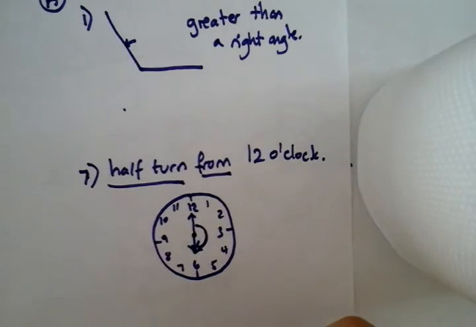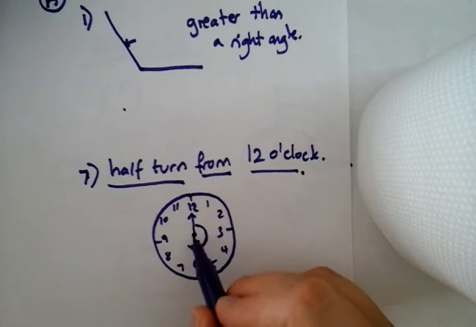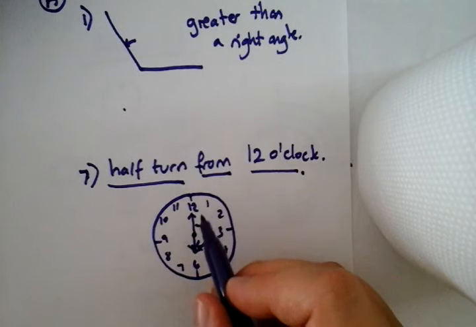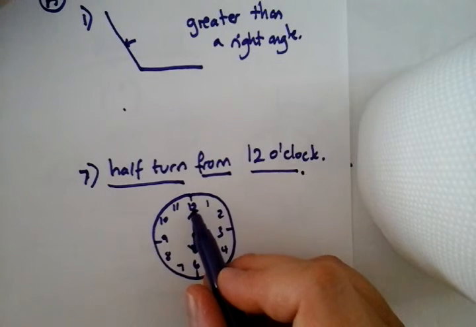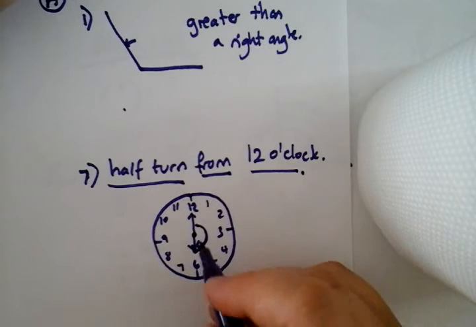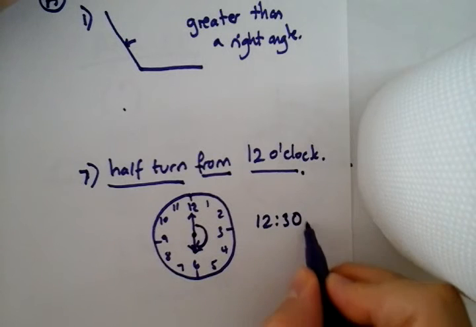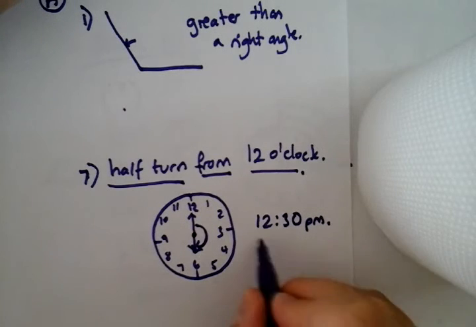So what time is it now then? Starting from 12 o'clock, the little handle stays at 12, and the big handle goes all the way down halfway, and that would be 12:30 p.m. So that's your time.